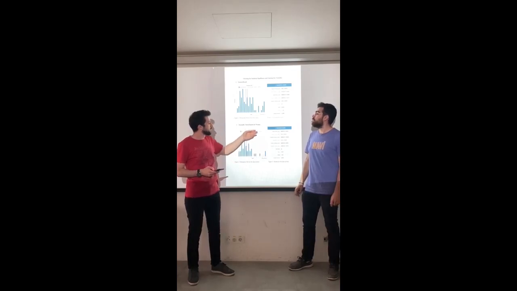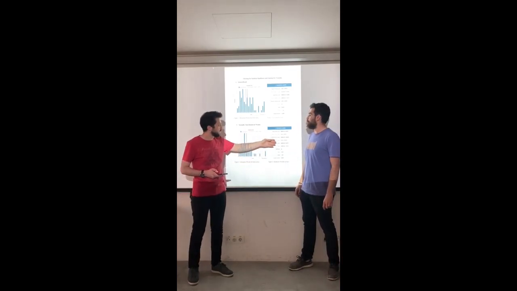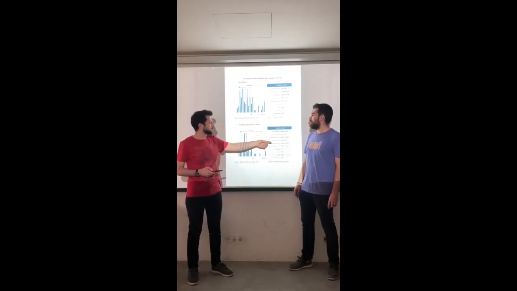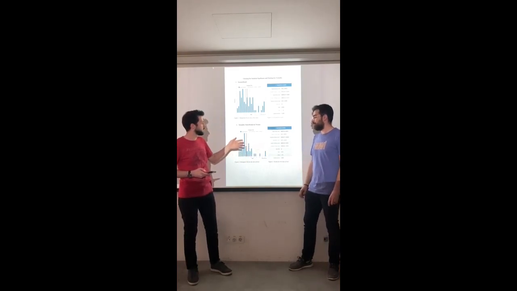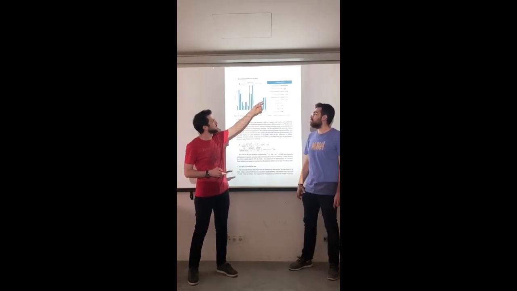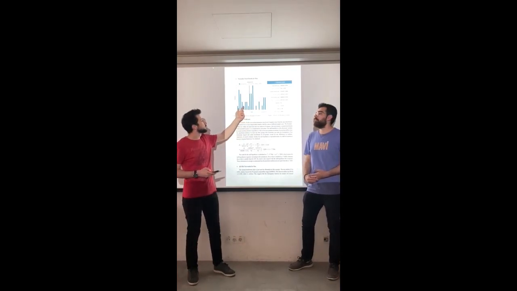For the women's results, the histogram plot came out like this, and the p-value is very small. It is smaller than 0.05, so it shows this distribution is not normal. For the men's results, it is also smaller than 0.05, and this is also not normal.